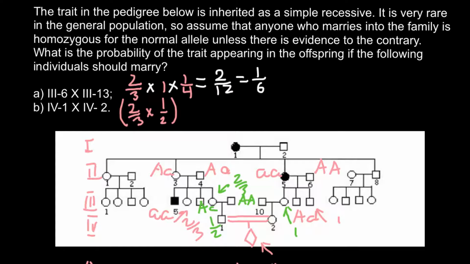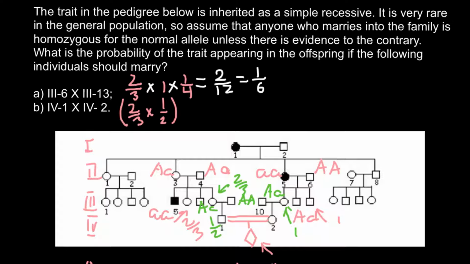Just like in our previous example, all these children have to be heterozygous, and we know this for sure because one of the parents is homozygous recessive and the other is homozygous dominant, so 100% of the progeny of these three children would be heterozygous.